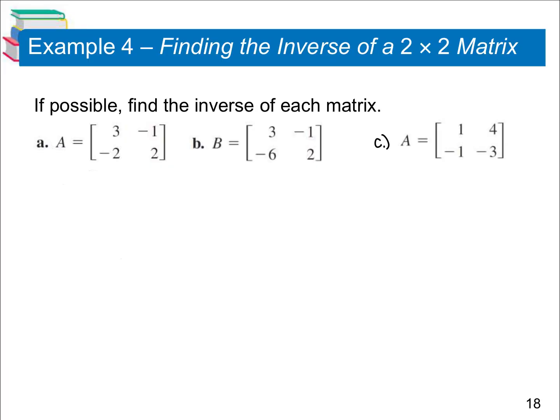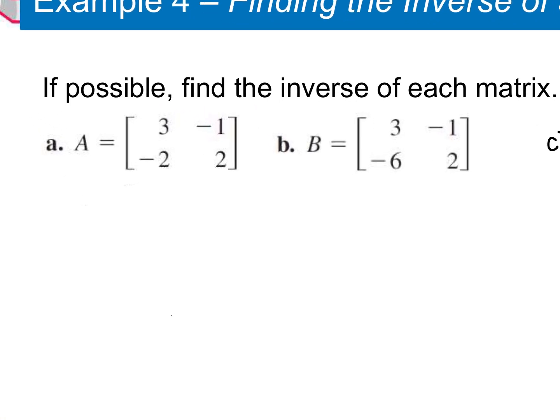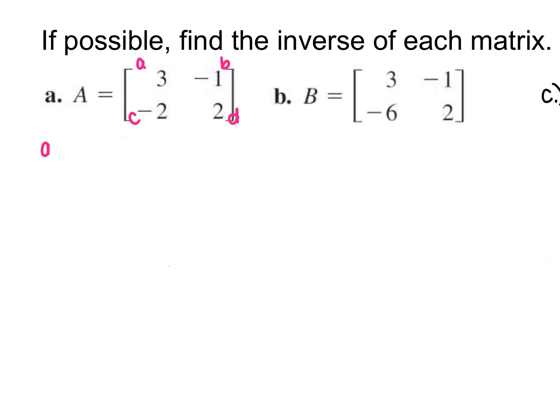So if we look at an example, for example A, we're given 3, -1, -2, 2. So this is our A, B, C, and D. We're first going to find A times D minus B times C. So that's going to be 3 times 2 minus -1 times -2. 3 times 2 is 6. -1 times -2 is +2. 6 minus 2 is 4.